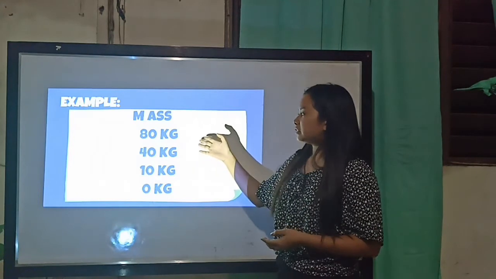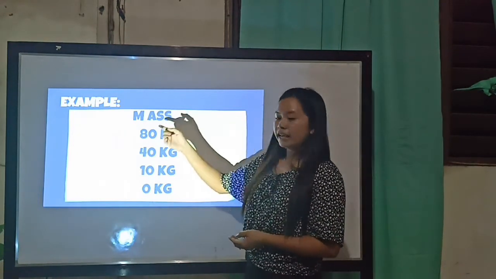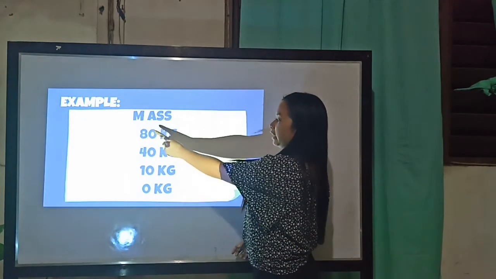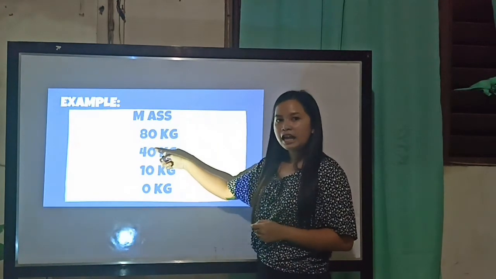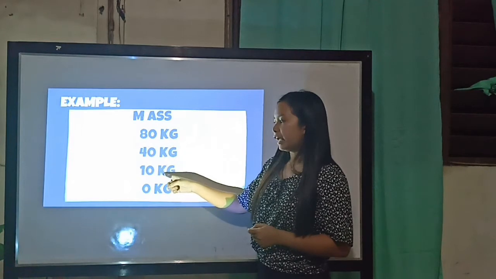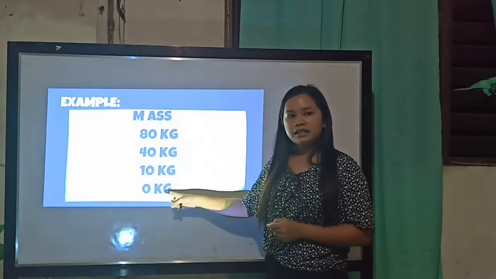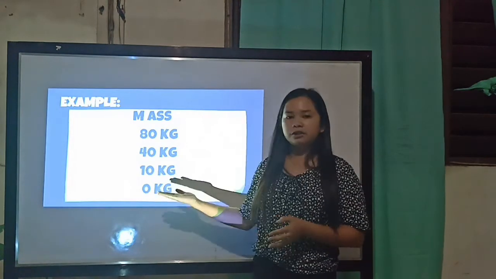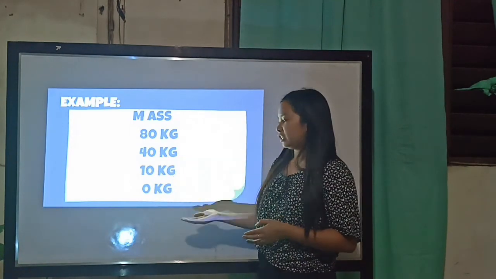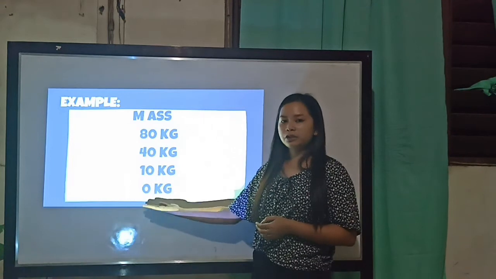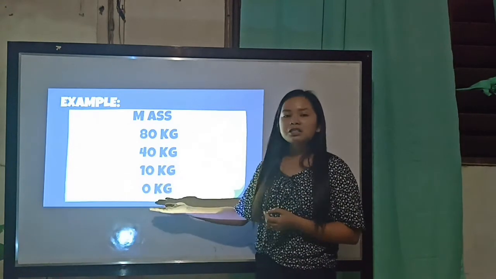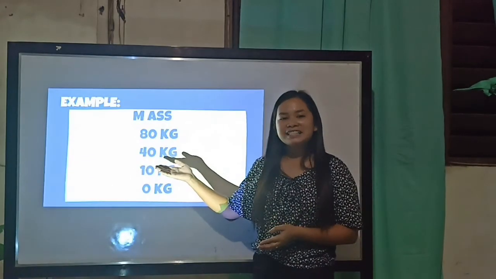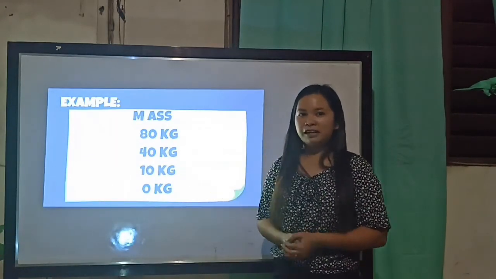So makita nato diri sa order nga ang pinakadako ay ang 80 kilogram, which is mas bugat sa 40, and ang 40 mas bugat sa 10, and 10 mas bugat sa 0. Diri makita nato ang true zero sa mass, which is walay matimbang sa 0 kilogram, and it is because we cannot have a negative mass. Maong kining mass is a ratio level.